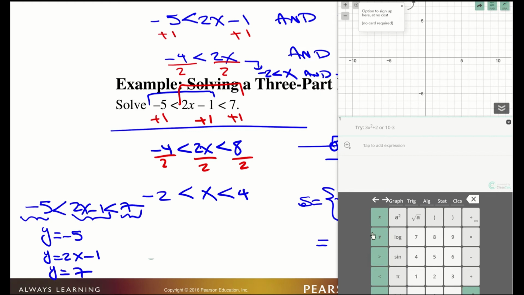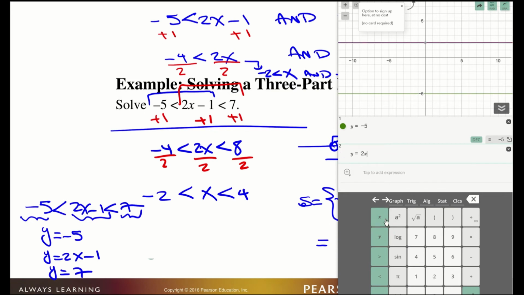So we have y equals -5, and we have y equals 2x minus 1, and we have y equals 7.